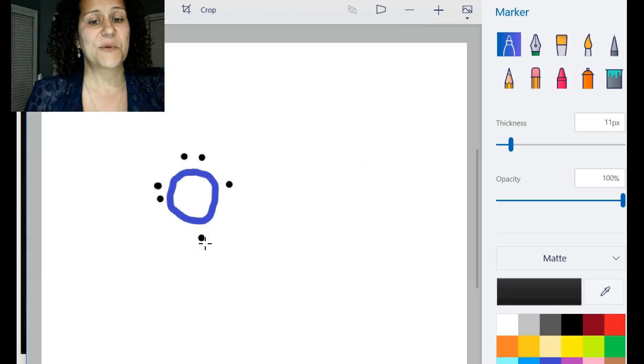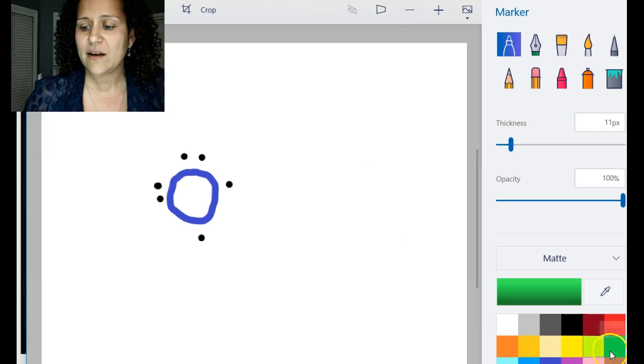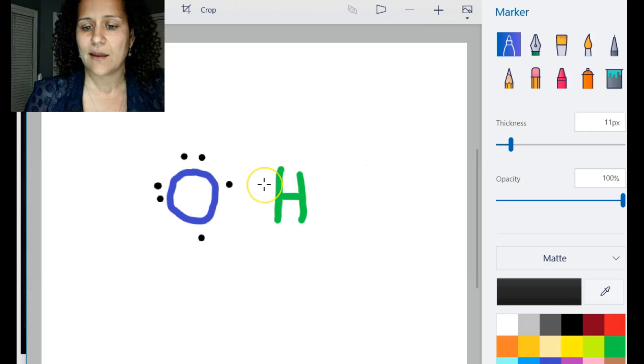There we go. Oxygen has 6 valence electrons. Now we have the other part of the equation, which is hydrogen. Hydrogen has the lonely 1. So we have one right here. And then we have another hydrogen atom, which also has 1.